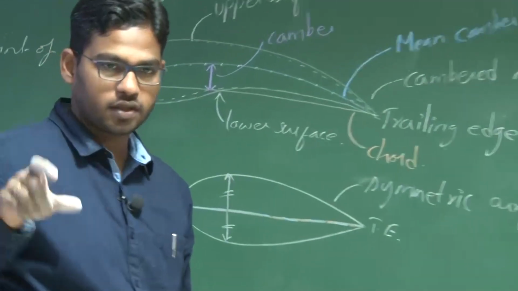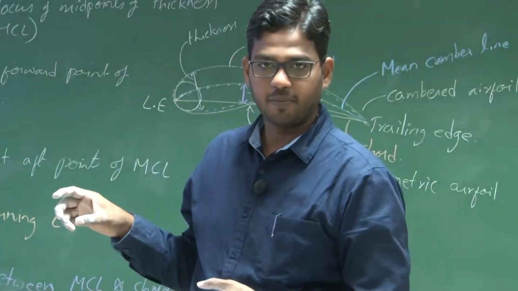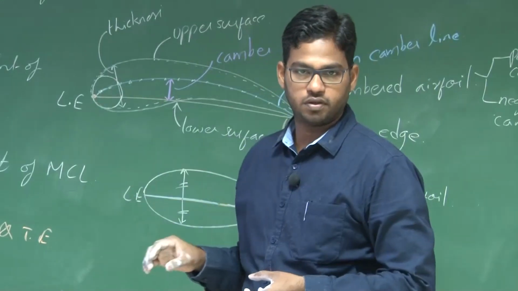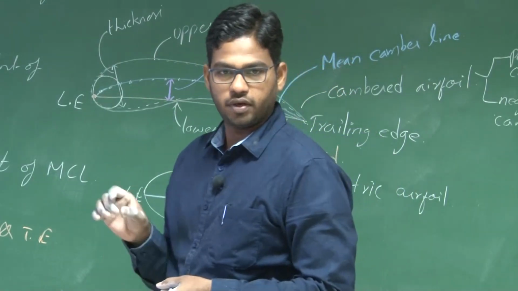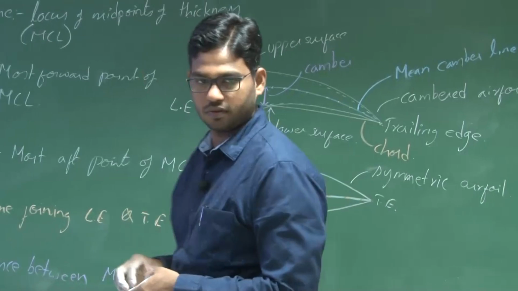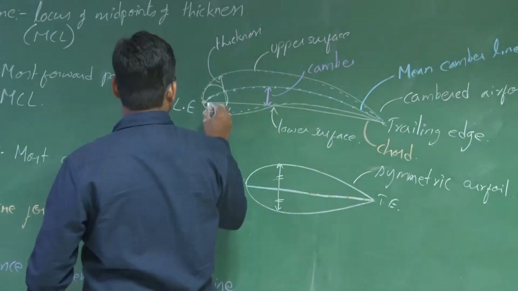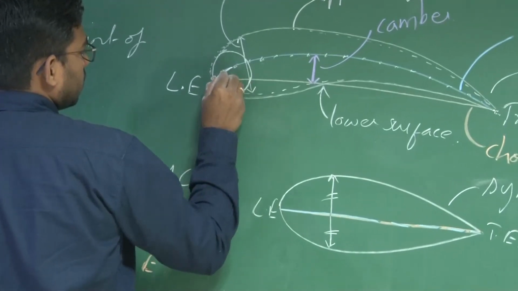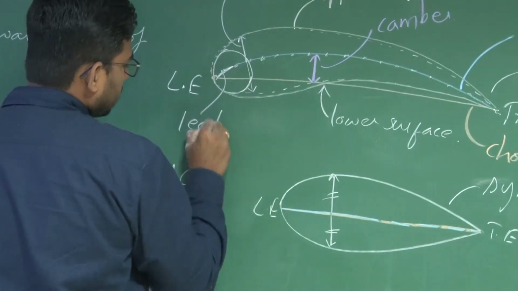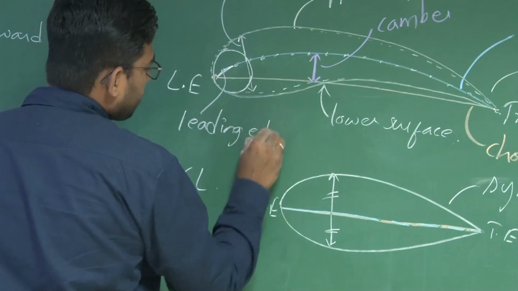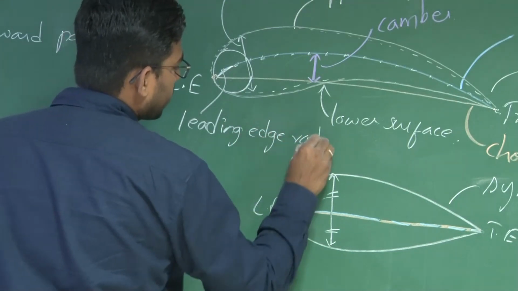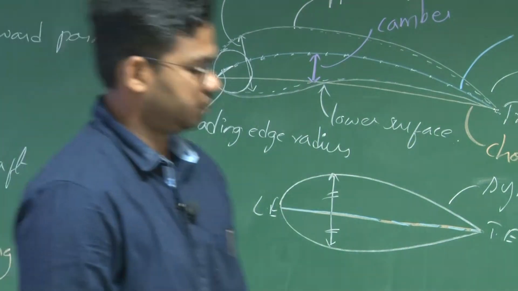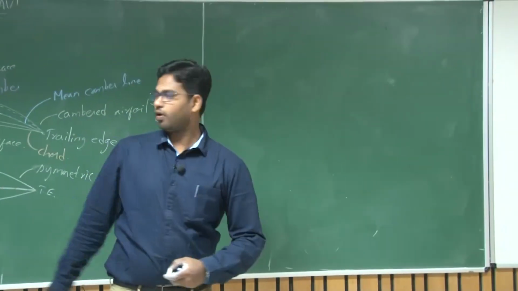If you draw a circle with a radius such that this circle becomes tangent to the upper and lower surface, right, that radius is known as the leading edge radius.